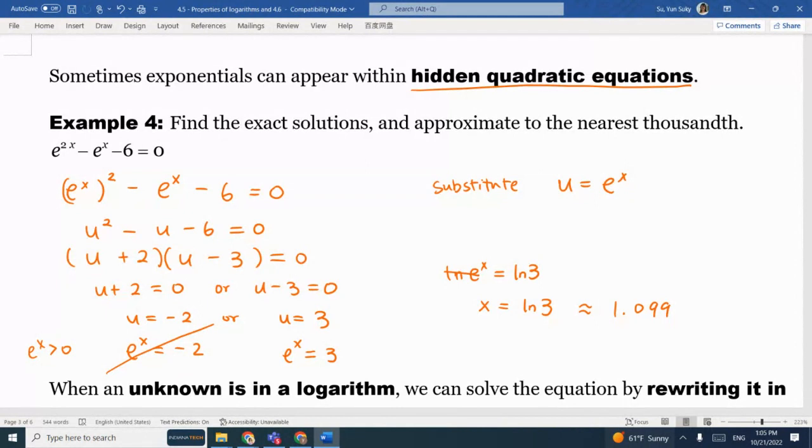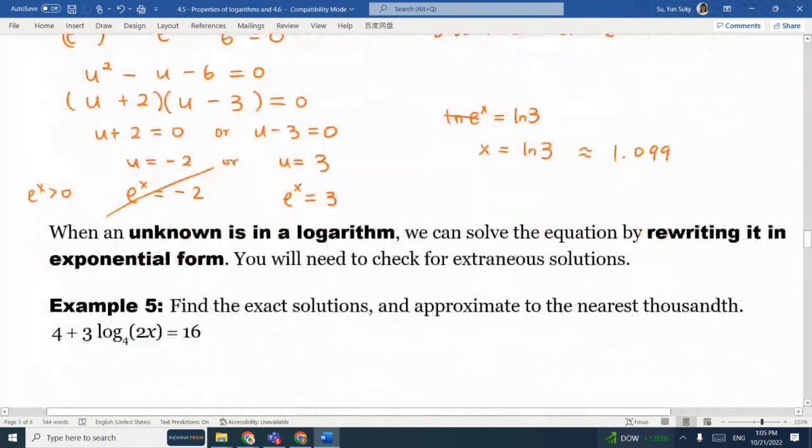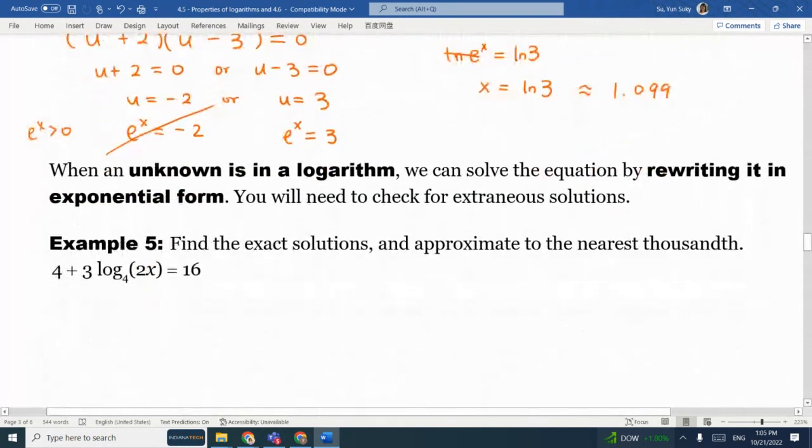If you see a term with 3 terms, and this is the square of that, then you think about the hidden quadratic, and then you let u be that term. Okay, everybody? So that is how we solve equations involving exponential expressions.